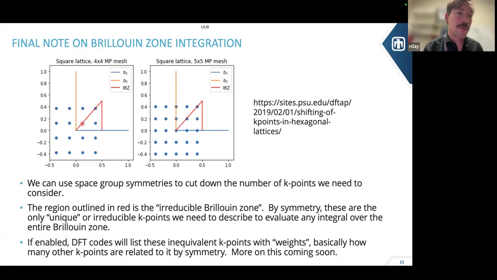In fact, this one is rigorously related to this one over here by the space group operations of the square lattice. For instance, if I do a rotation by 90 degrees, I can get over here. And if I do reflections, I can get over here.